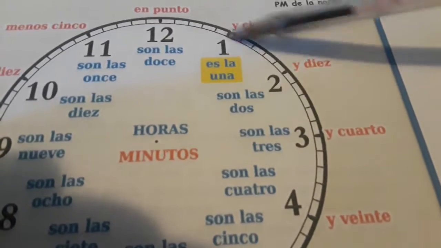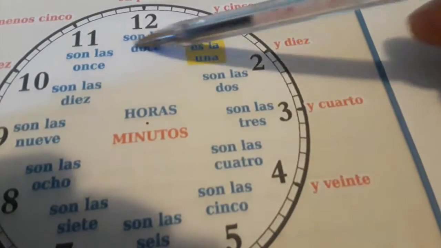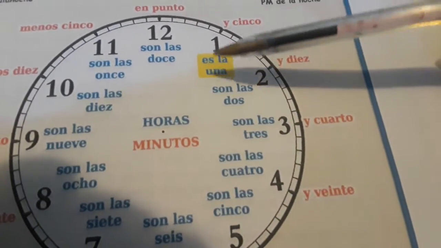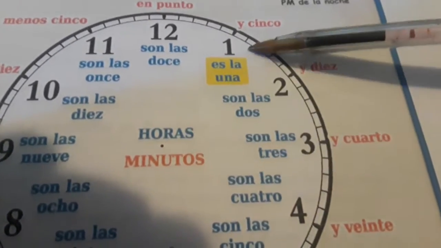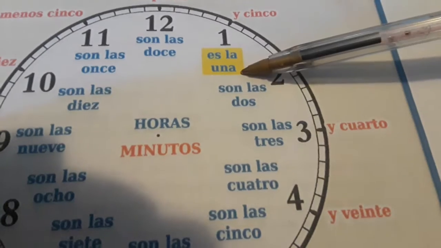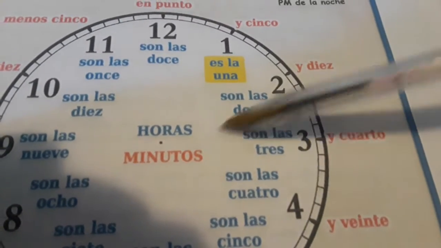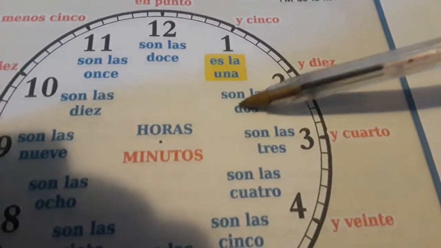Now there's a special rule for 1 o'clock. Everyone else says son, except for uno. I don't know why, but that's just the way it is. Es la una. So for 1 o'clock, you have to say es la una. Next hour would be son las dos.